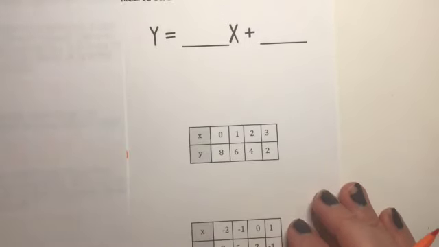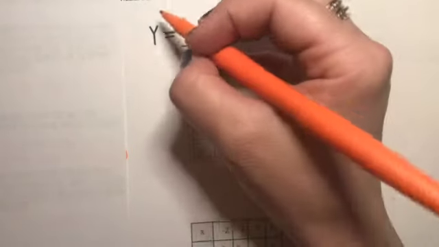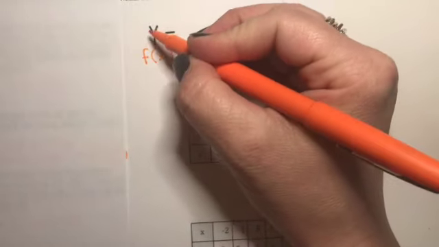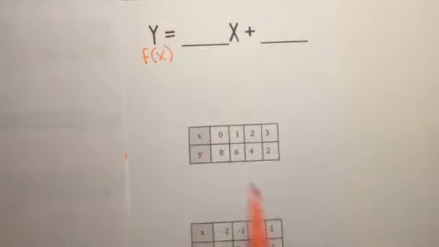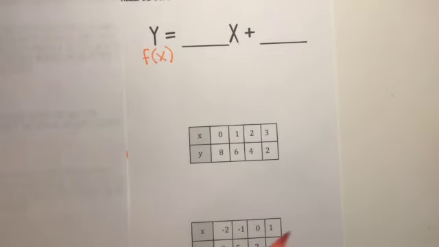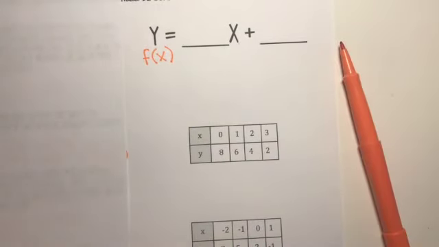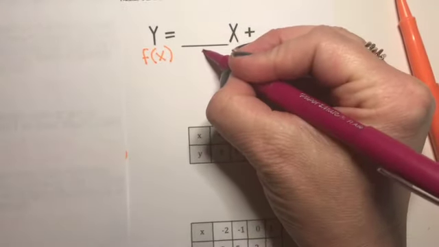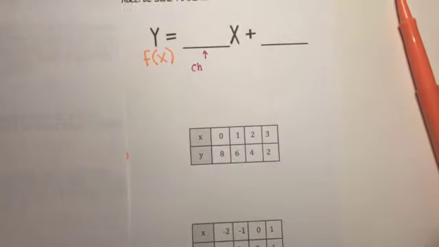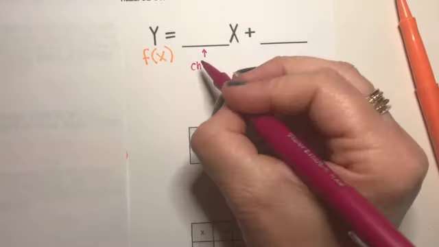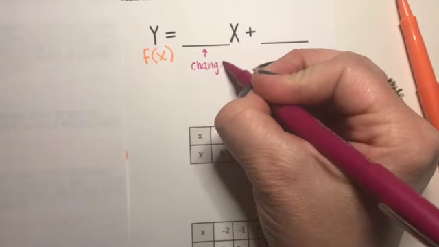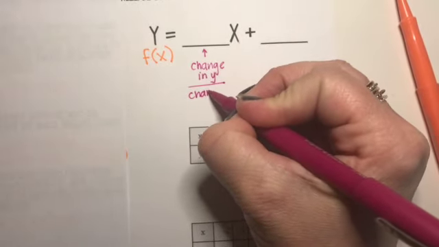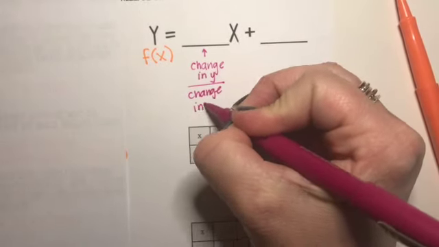Okay, and I have written down here y equals, y is the same thing as f of x. So it doesn't matter whether it's a y or an f of x. But what's going to go in the first blank is change in y over change in x.